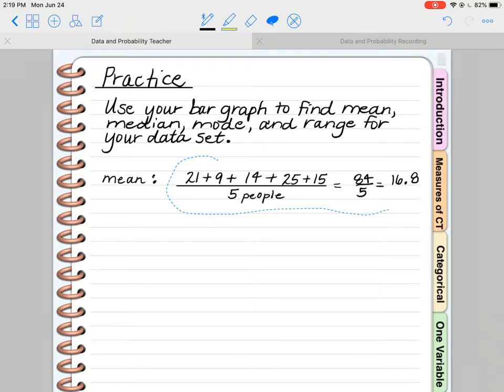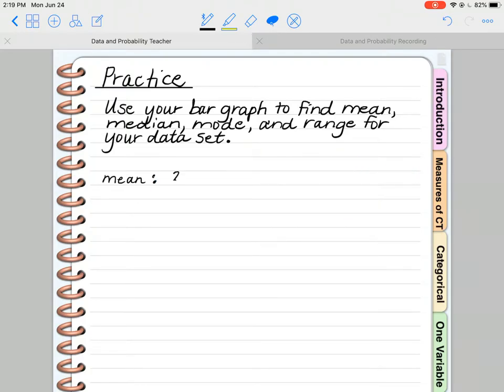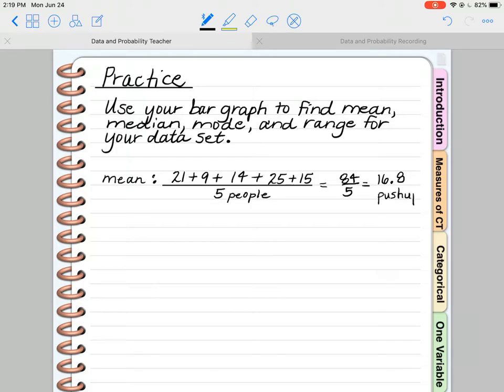Now, I know you can't do 8/10 of a push-up. Mean is a statistic. It's just an estimate of the average. Some people can do way more than that. Some people do way less than that. But the mean number of push-ups is 16.8.